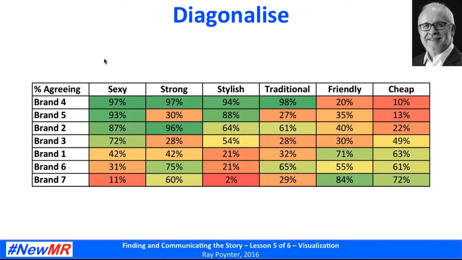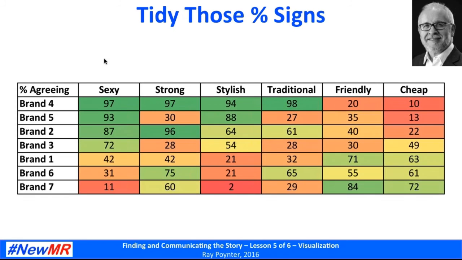We've got 4 brands, 4, 5, 2, and 3, which are strong on sexy, strong, stylish, traditional. And we have 3 brands, 1, 6, and 7, that are strong on friendly and cheap. So brand 1 is a bit of a switchover brand between the 2. So just by diagonalizing the data, we've got a much clearer picture of what's actually happening in our information set.